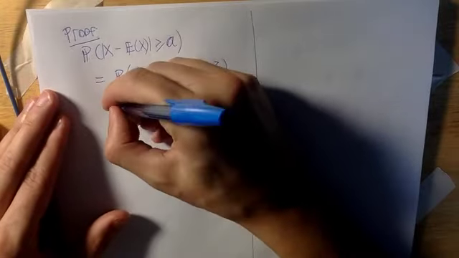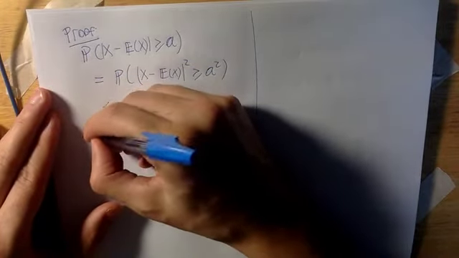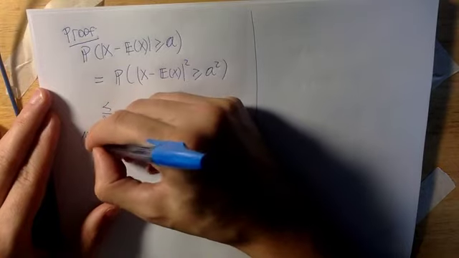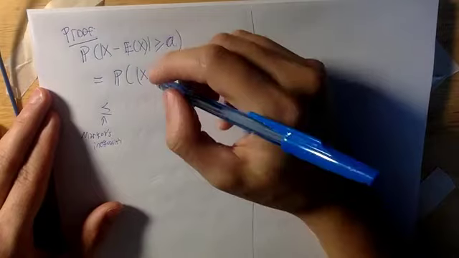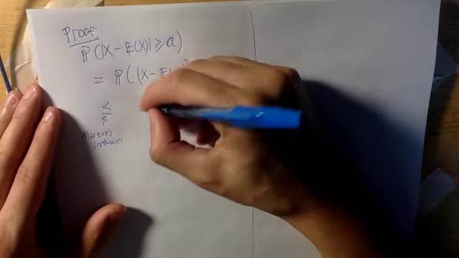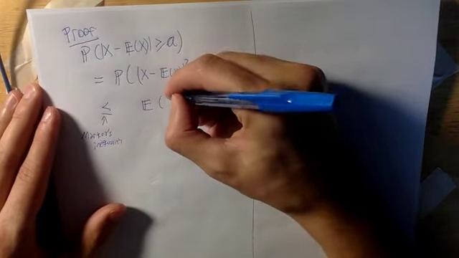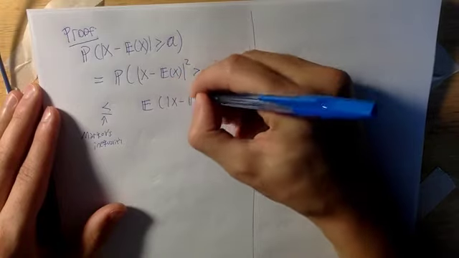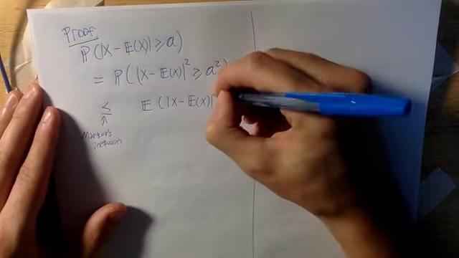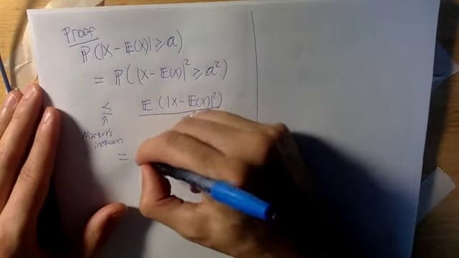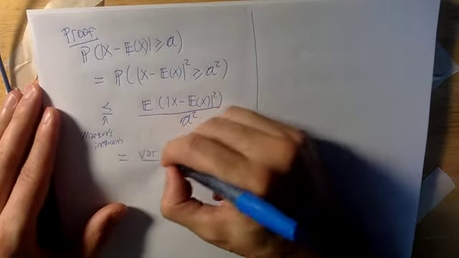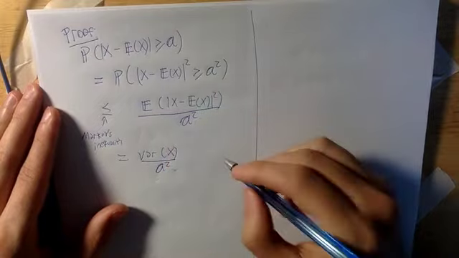But this is less or equal, by Markov's inequality, than the expectation of X minus EX squared over a squared. But this is just equal to the variance of X over a squared.